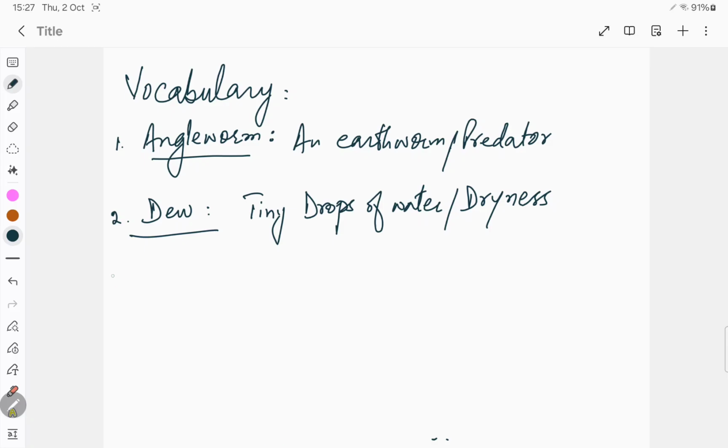The third phrase I've written over here is the convenient grass. While I was explaining the stanzas, I told you that here actually the grass has been personified.